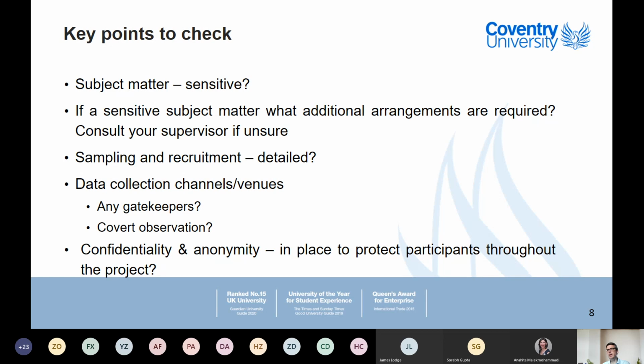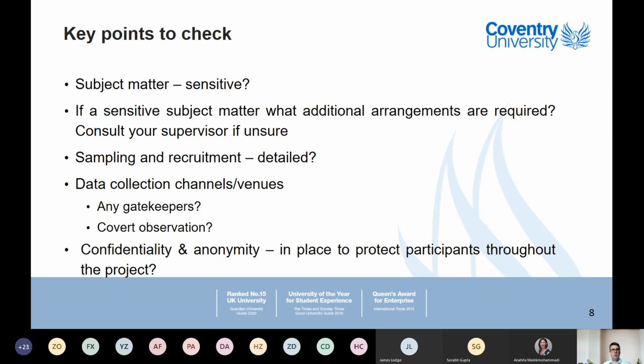Typically, if you were planning to interview employees of an organization and you go through the organization, again, one, remember about them being free to give consent, but two, you need the organization to confirm that they're happy to act as a gatekeeper and to open their doors to you.